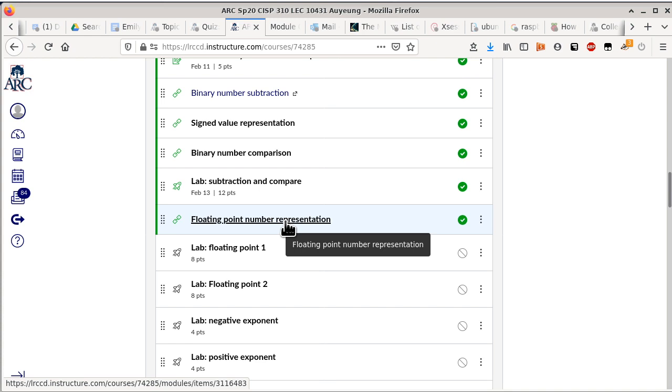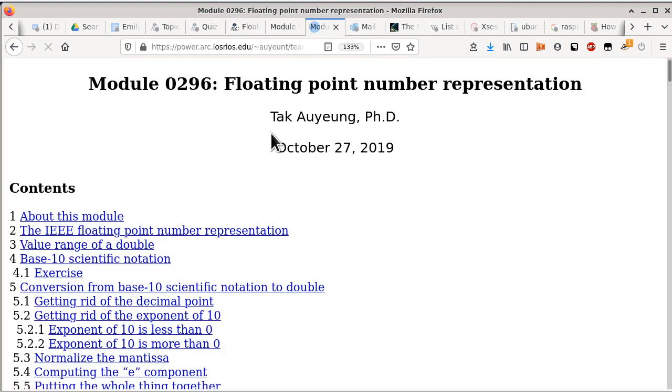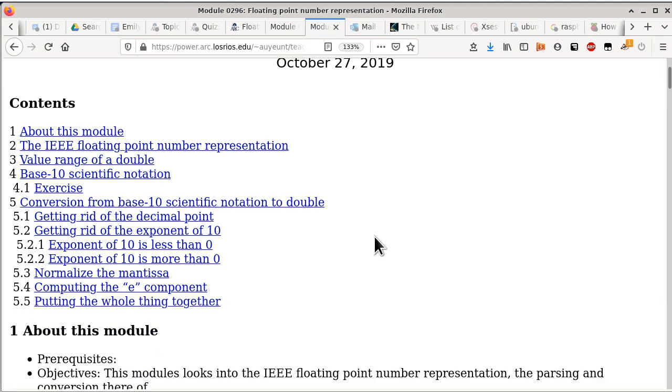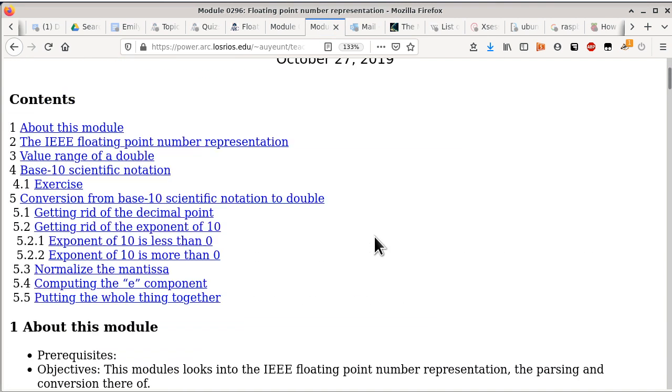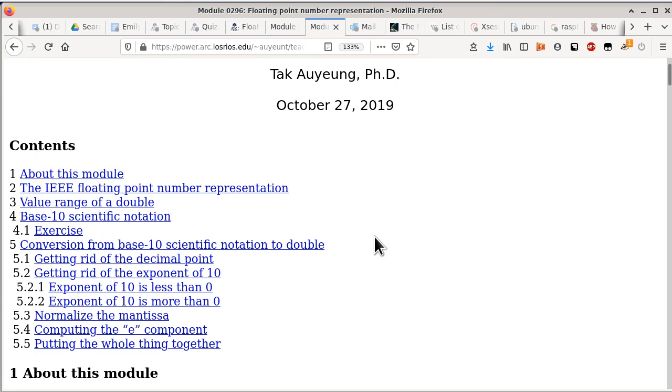Now, this one, I can show you just a little bit of this note here. You probably want to brush up on your math stuff when it comes to log, exponent, try to figure out how many bits you need to represent a particular value, that sort of stuff, okay?